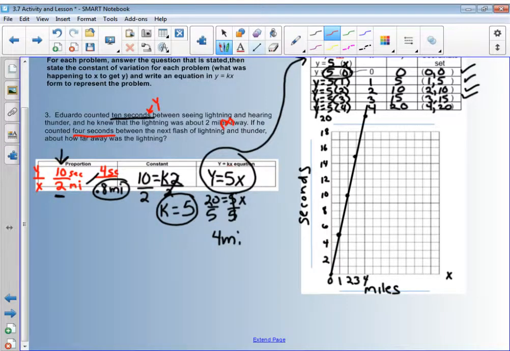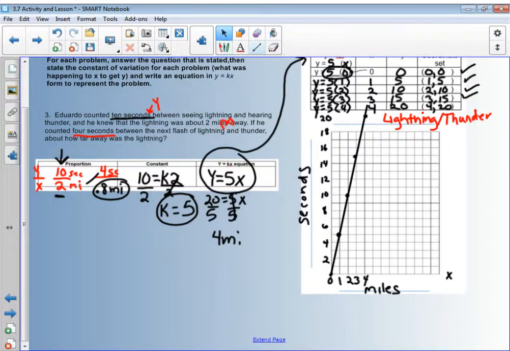So here we could title this maybe lightning versus thunder. Because we're talking about how many miles away the lightning would be according to the number of seconds of the thunder. Okay, so that's working with graphing our direct variation equation.